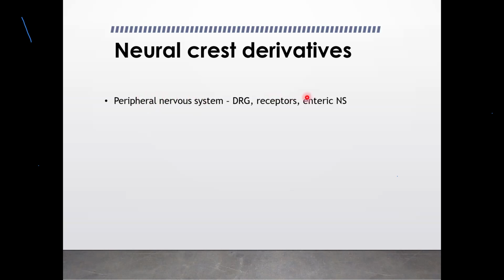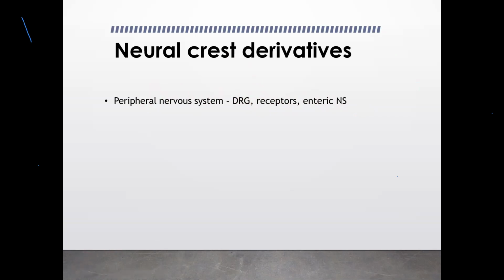So Schwann cells, pseudounipolar neurons, and satellite cells, all of them will be coming from the peripheral nervous system. Kindly note down that the cells of the DRG, Schwann cells, pseudounipolar neurons, and also the satellite cells will be coming from neural cells, and then receptors, then the enteric nervous system.